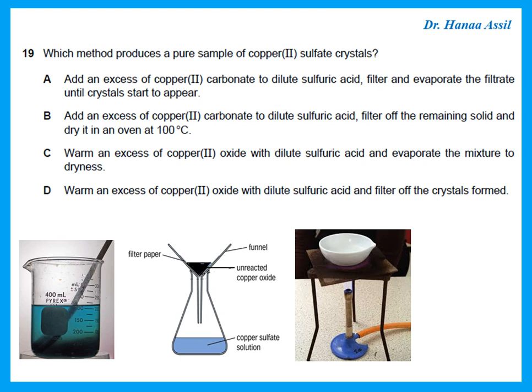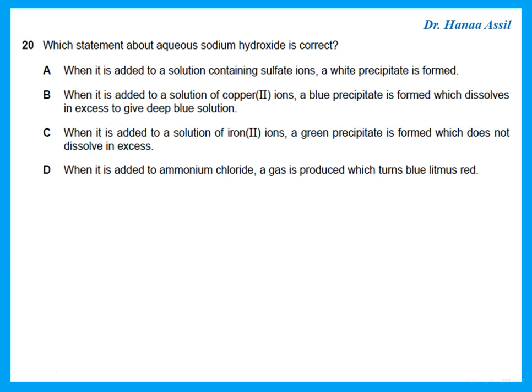So the one describing this method is the first statement, add excess copper carbonate to dilute sulfuric acid, filter, and we're filtering to remove the unreacted solid that we don't want. Then I take the filtrate, evaporate until crystals start to appear.